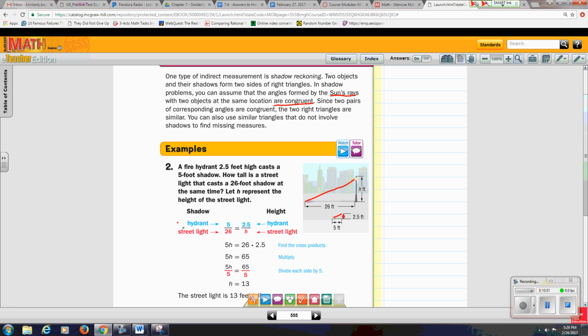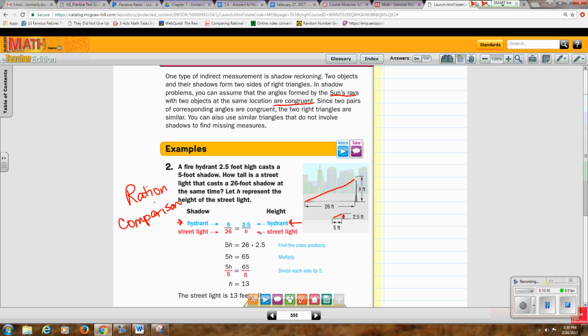What's important is that if the hydrant is on top here, the hydrant is also on top there. So they combine it by shadow side and height side. Okay? So we have the shadow of the hydrant compared to the shadow of the street light. We make a ratio of those two things. Okay? A reminder that a ratio is a comparison.